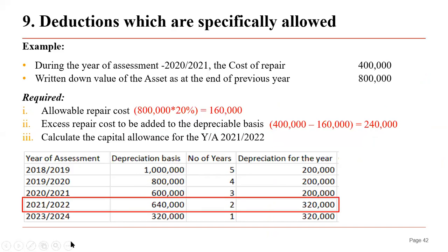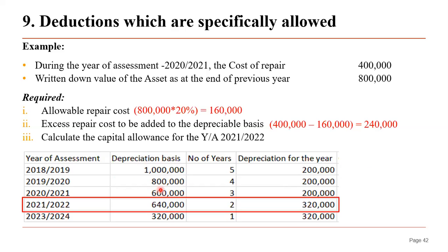Let me open the last point. The 2020 depreciation basis, that means WDV, is 800,000. You can see 1000 minus 200 is 800. This is the WDV, that means depreciation basis, as I explained earlier. Then divided by 4, that is 200.